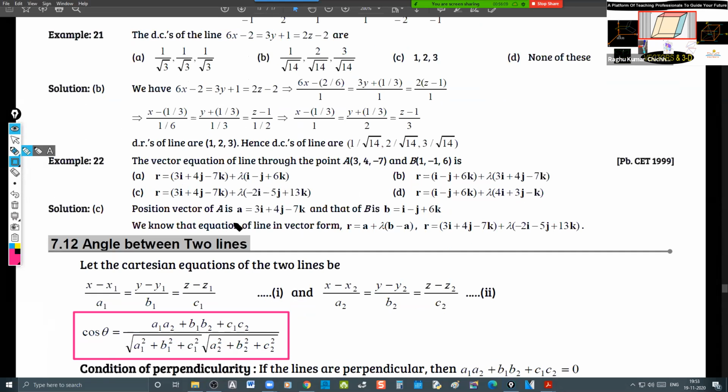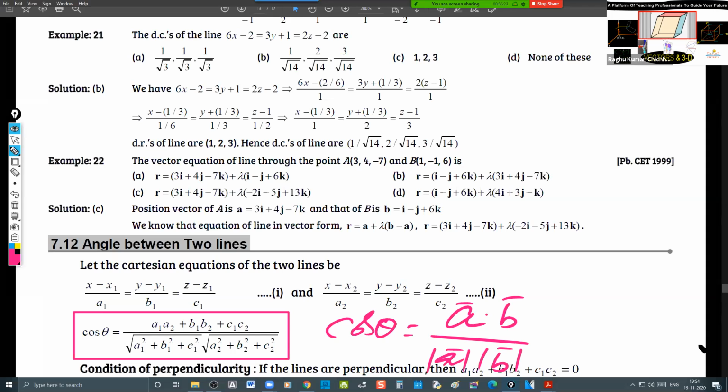And if you want to understand this in the vectorial form, cos theta is equal to A bar dot B bar by mod A bar into mod B bar. And if theta is 90 degrees, what is the condition?